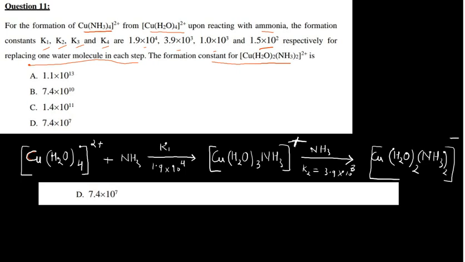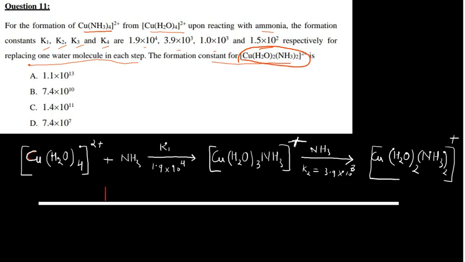Put positive over there, and they have asked, calculate the formation constant for this one. So how can we calculate the formation constant? I can write the formation constant with beta.